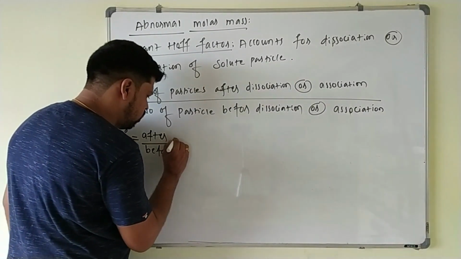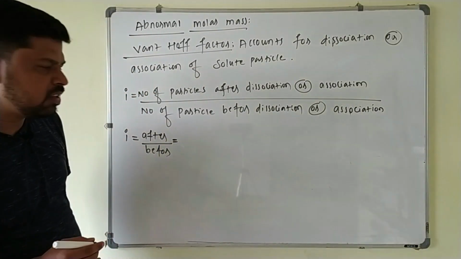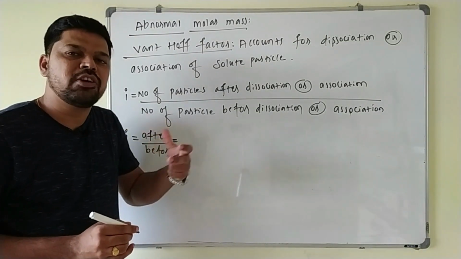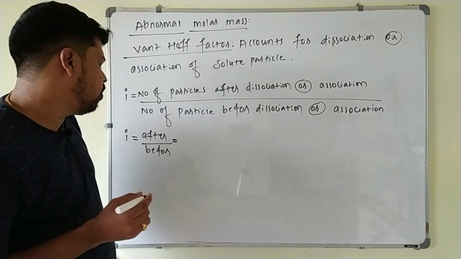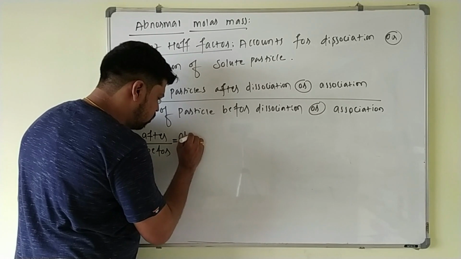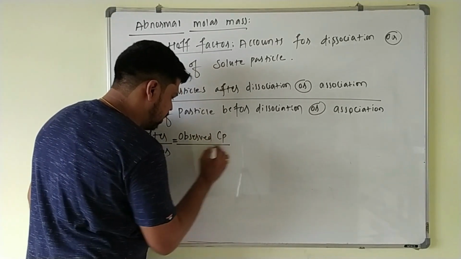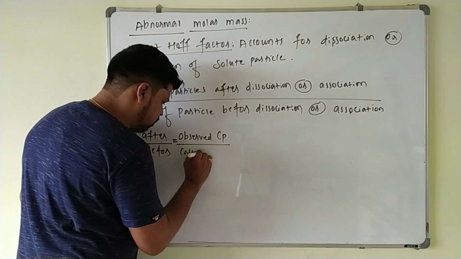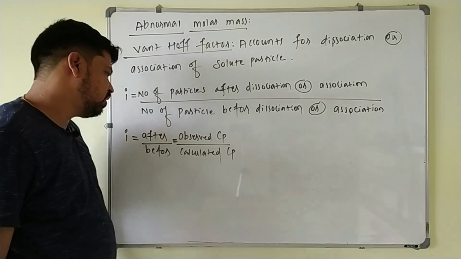This will be equal to, after dissociation what happens? The colligative property value will change. The observed colligative property will be different from the calculated colligative property. So that will be equal to the observed colligative property divided by the calculated colligative property.